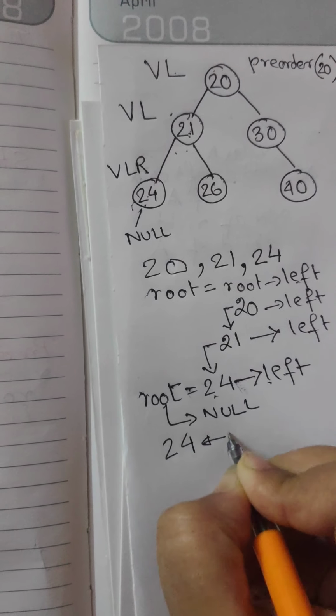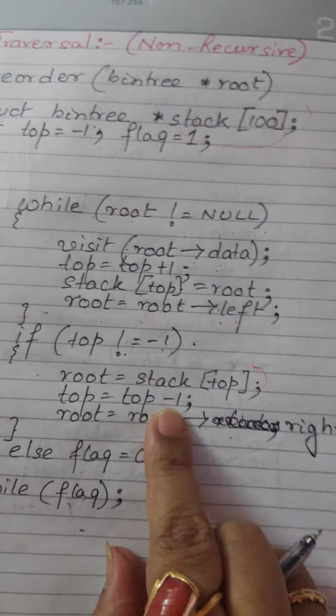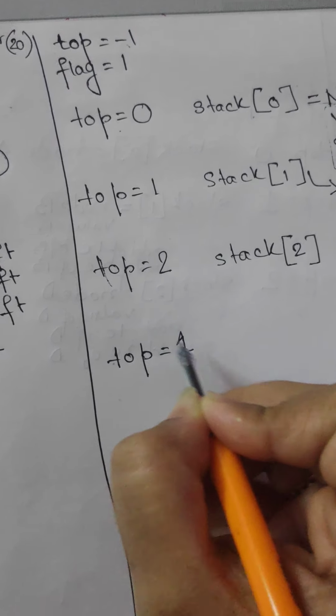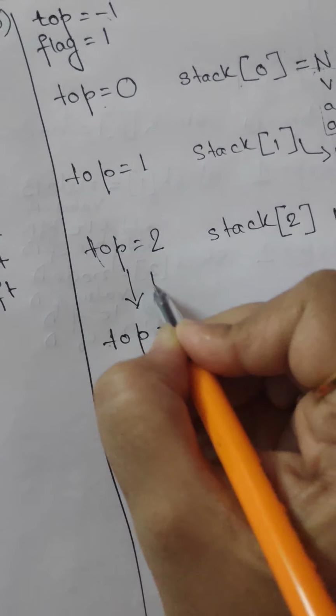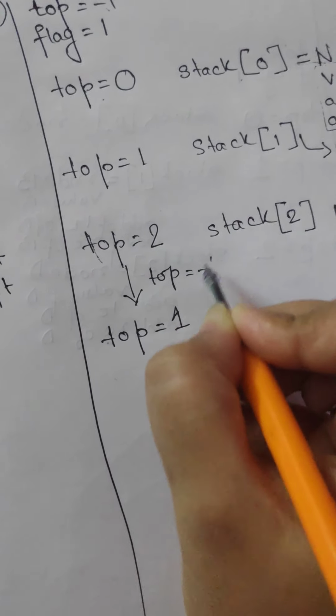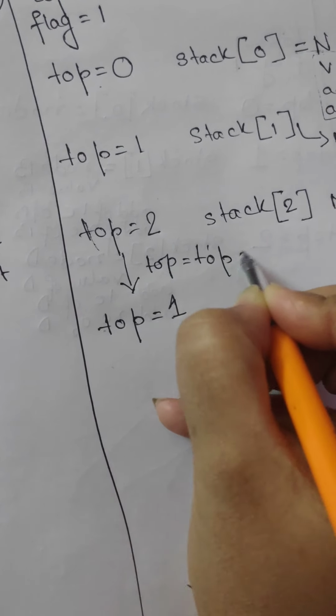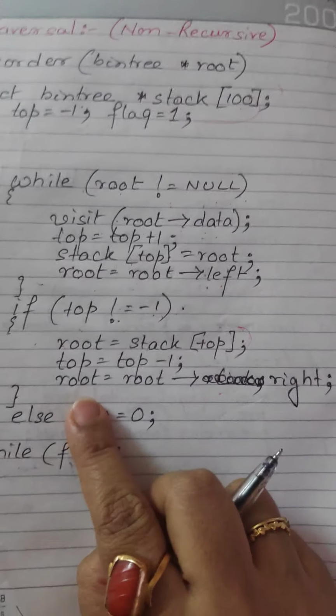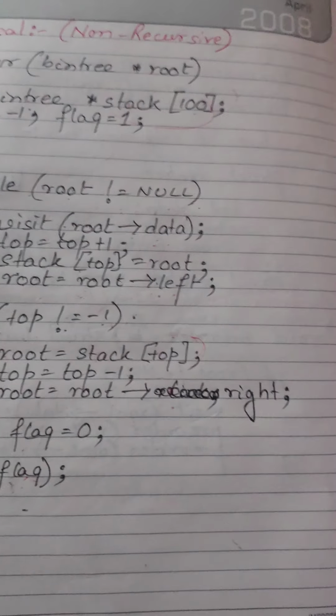Now what do you do? Top is equals to top minus 1. So top becomes 1. And then you go to the right side of the root.